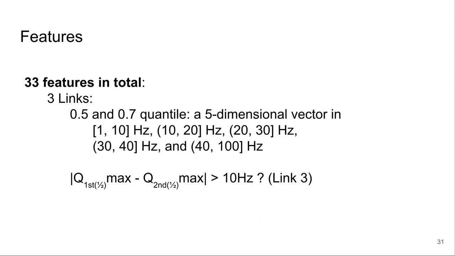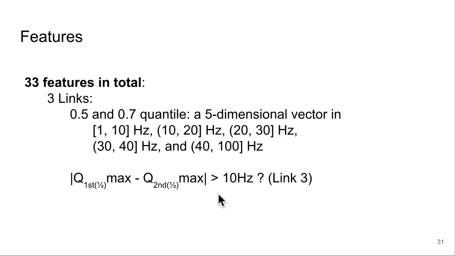In addition, to capture any possible temporal asymmetry within one repetition of activity, they calculate the difference between the maximum value of the quantile values in the first and second halves of the repetition, using a binary number to indicate whether the difference is larger than 10 hertz.